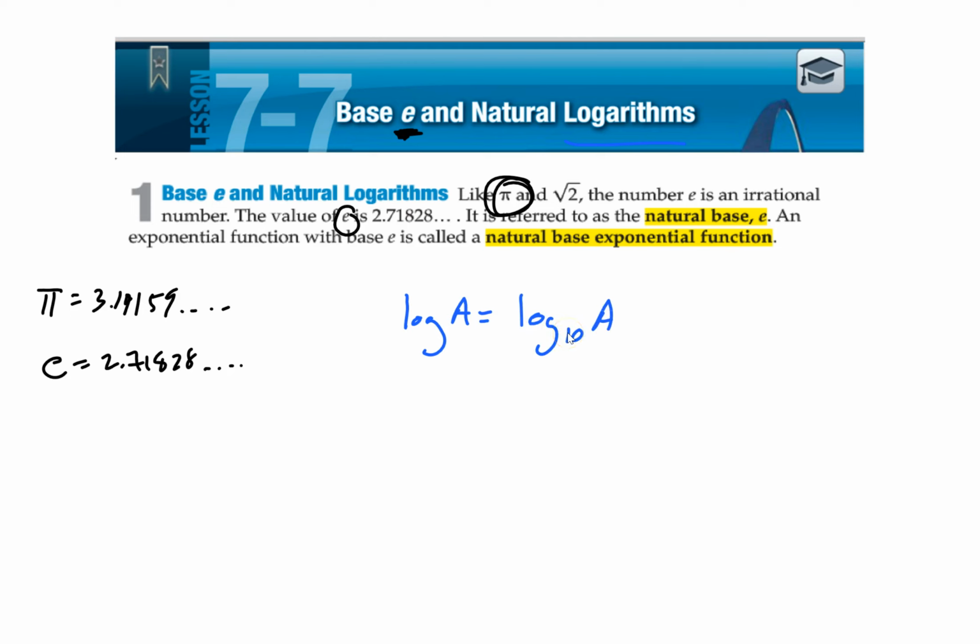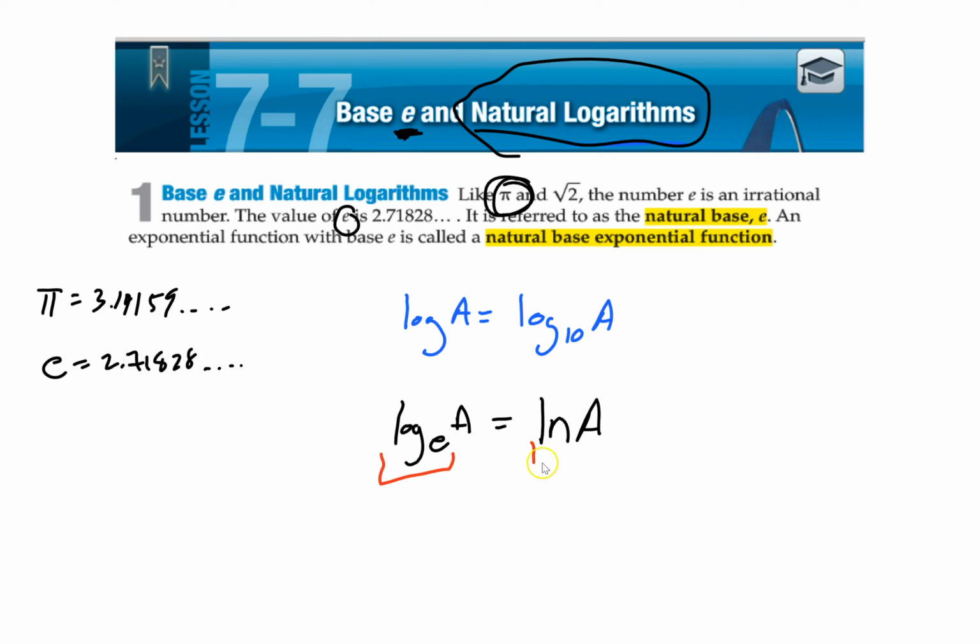And in this lesson, we're gonna learn the other special one, which is a log with the base of e. It's the same thing as what we call the natural log. And the way we write that is ln a. So that's the natural log, right?